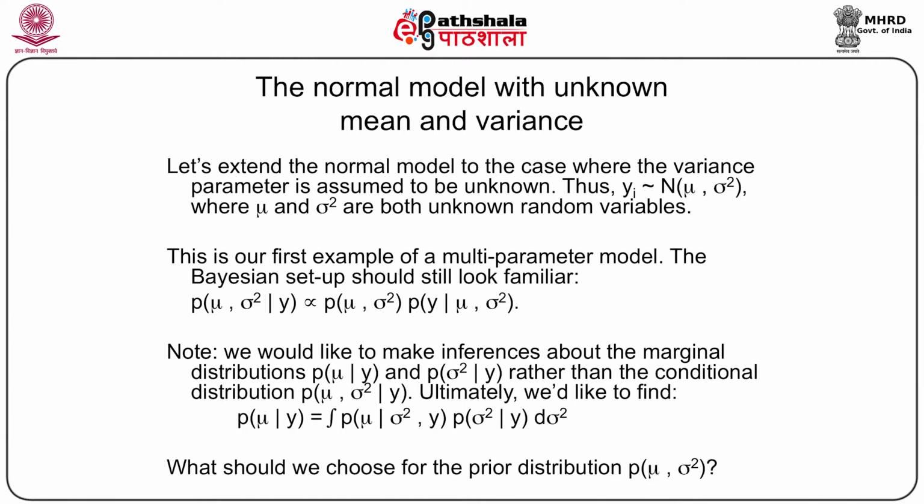Ultimately, we would like to find the posterior distribution of mu given y, which is the integral of the distribution of mu given sigma square and y times the distribution of sigma square given y, d sigma square. So we have to integrate that expression with respect to sigma square. What should we choose for the joint prior distribution of mu and sigma square?